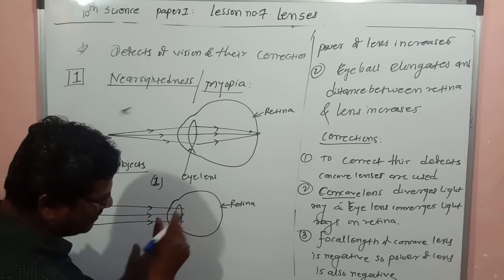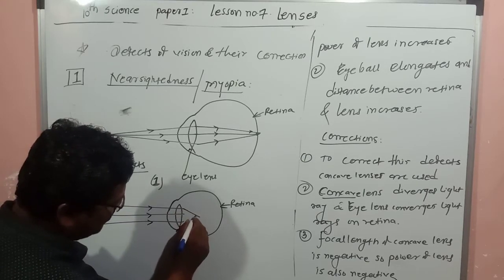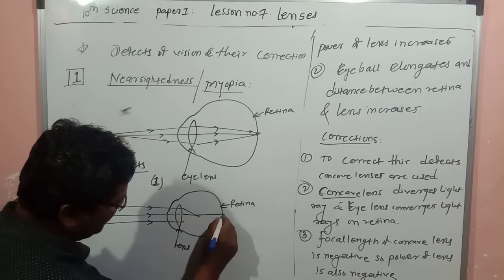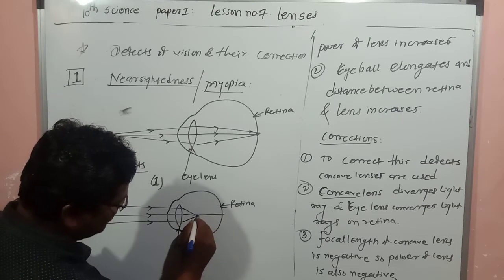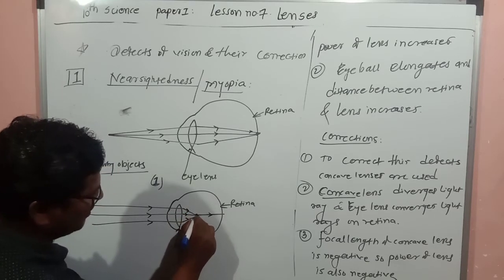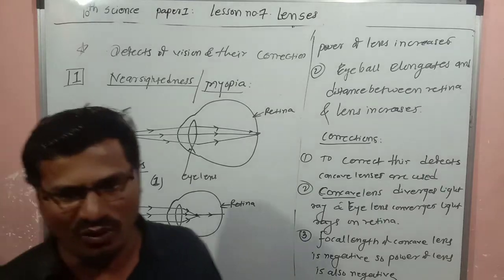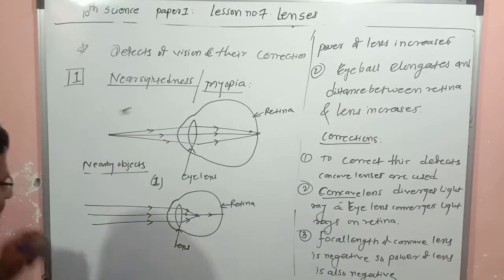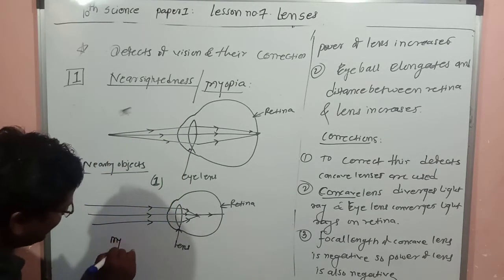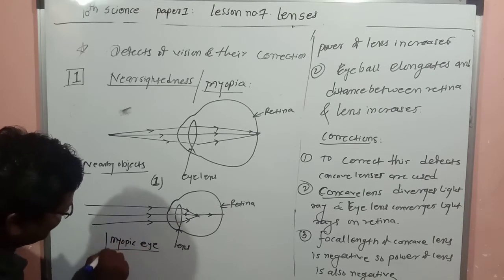Converging power of this lens increases, so that light rays are converged before the retina only, in the middle only. That's why image is not formed. And this one is which type of eye? Myopic eye.